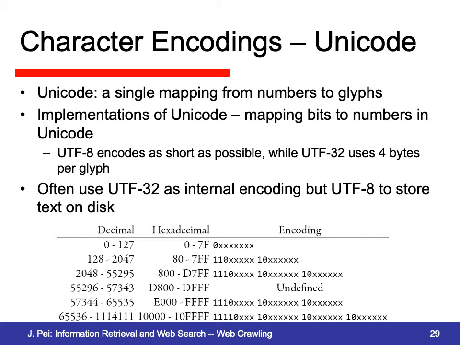Crawlers often use UTF-32 as the internal encoding, but UTF-8 to store text on disk in order to save space.